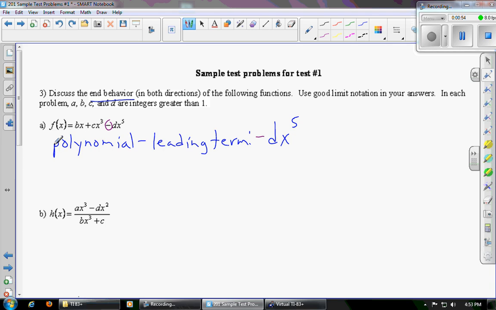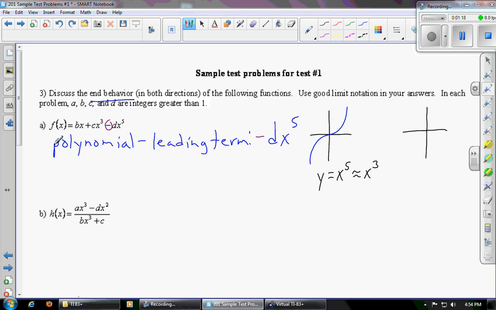Okay, so I'll just draw a few pictures here. If I wanted to draw just y equals x to the fifth, I'm going to kind of think of y equals x cubed because the graphs look quite similar. So I'll just draw x to the third and call it x to the fifth. And the next graph I want to draw is something where it's x to the fifth, but it's negative because of that purple negative sign.